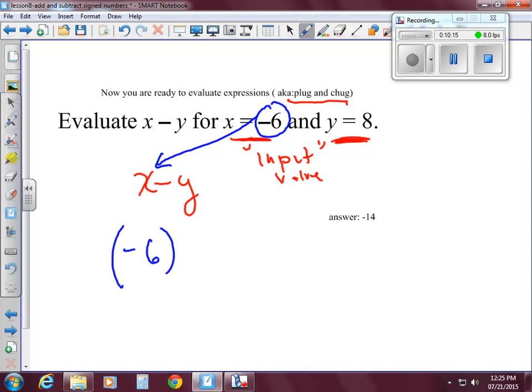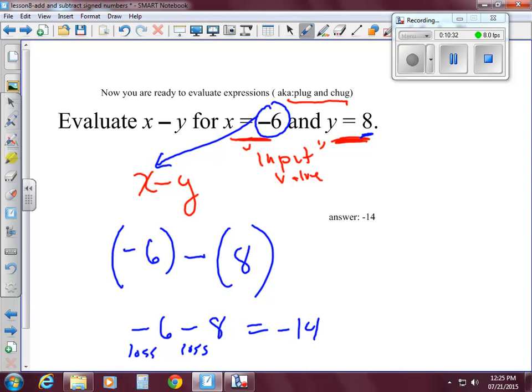I always put parentheses around my input, then minus, parentheses around my input. My input for y is 8. Now I clean it up. It says -6 minus 8. Think about loss. If I have a loss of 6 and another loss of 8, in terms of money, I'm going to be in the hole 14. Hope that helps.